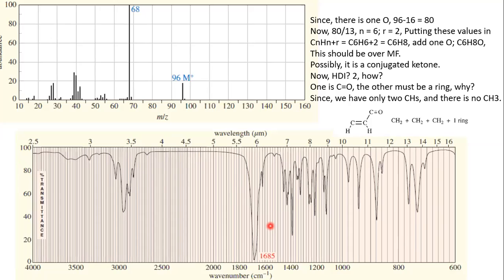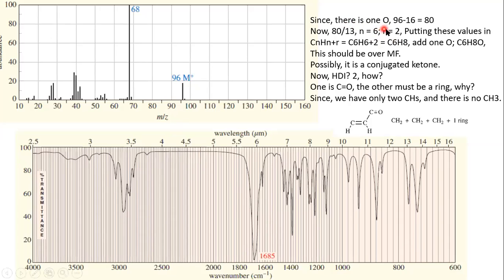That oxygen is most probably a ketonic carbonyl oxygen, and that carbonyl is then in conjugation with a carbon-carbon double bond. So keeping this information in mind, suppose we can say that this is the molecular mass of a compound, and this compound has only one oxygen, so we can go this way.